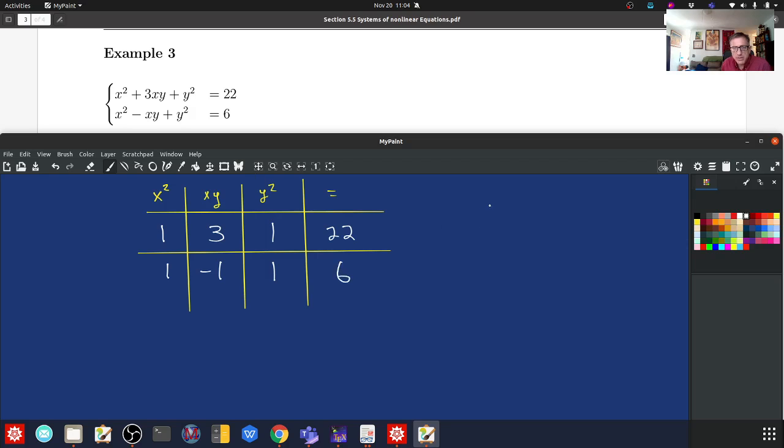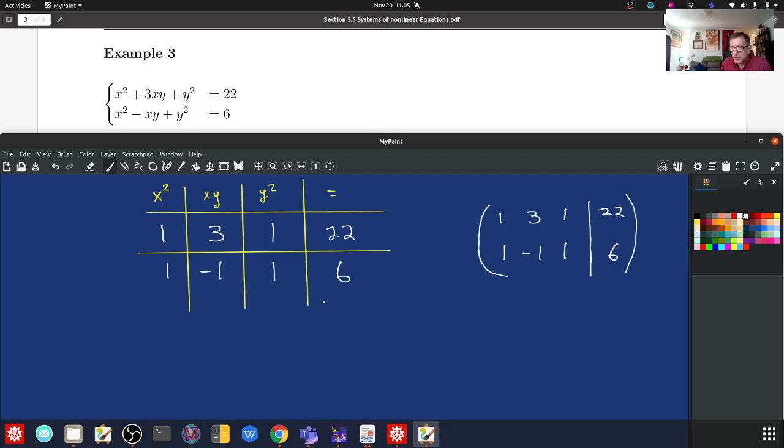So that leads to the following matrix. It's called an augmented matrix: 1, 3, and 1, then the line is 22. Just remember what these numbers are as they relate to the equations. Then I have 1, minus 1, 1, and 6.